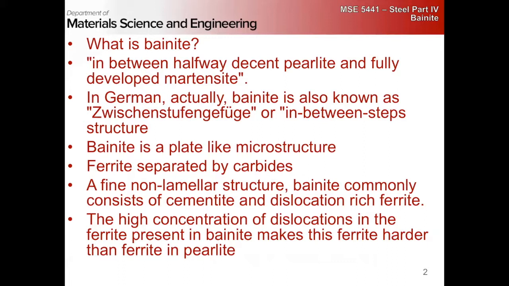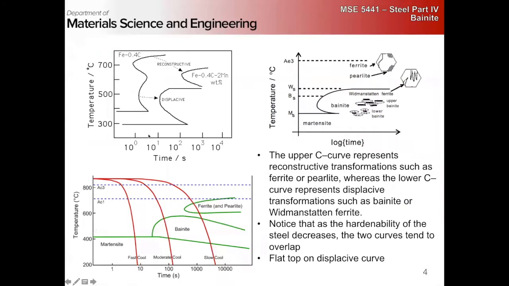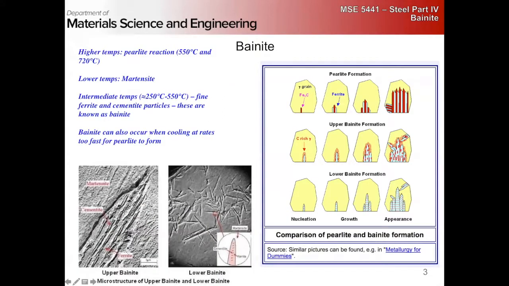Okay. So bainite happens at in-between temperatures. If we're at higher temperatures, we get pearlite. If we're at lower temperatures, we get martensite. And at this intermediate temperature range, depending on the alloy, sort of 250 to 500 C, we get these fine ferrite and cementite particles known as bainite, right?